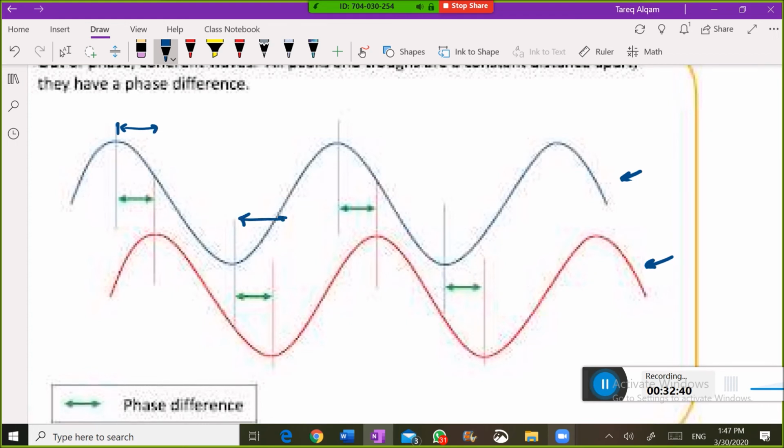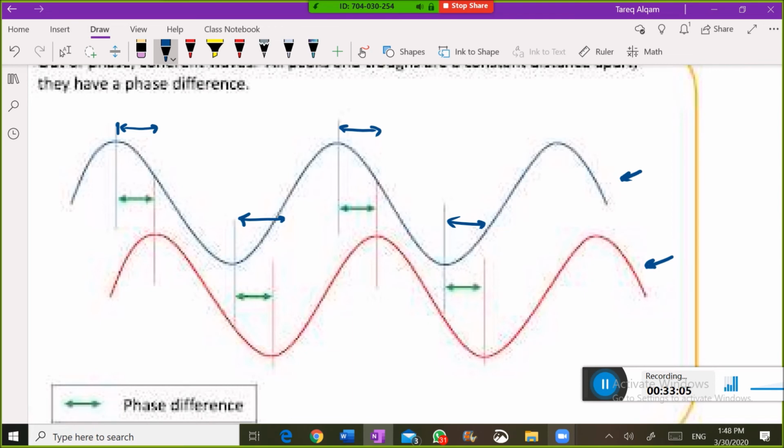Along the wave, the shift is the same, no matter the value of the shift. Listen to this, guys. If the shift is 90 degrees, 180, 360, 45 degrees, whatever, it should be constant.